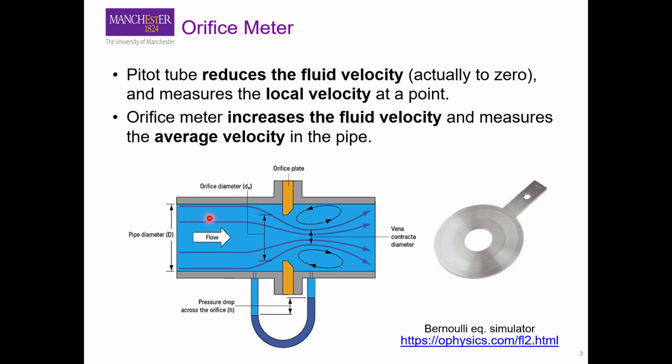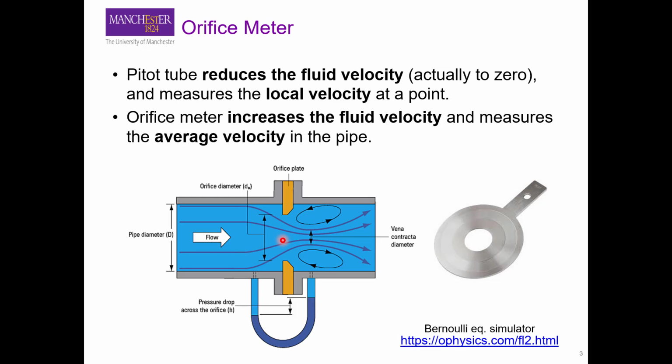So upstream of the orifice plate, the flow cannot suddenly turn, for example, around the corner when it meets the orifice plate. Instead, the streamlines converge to form a cone of streamlines, as you can see here.